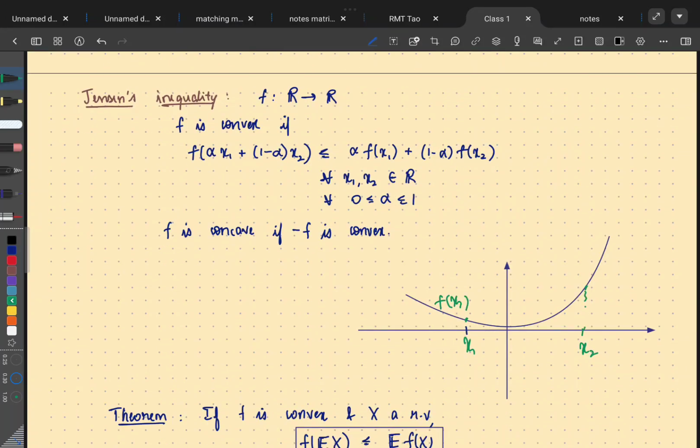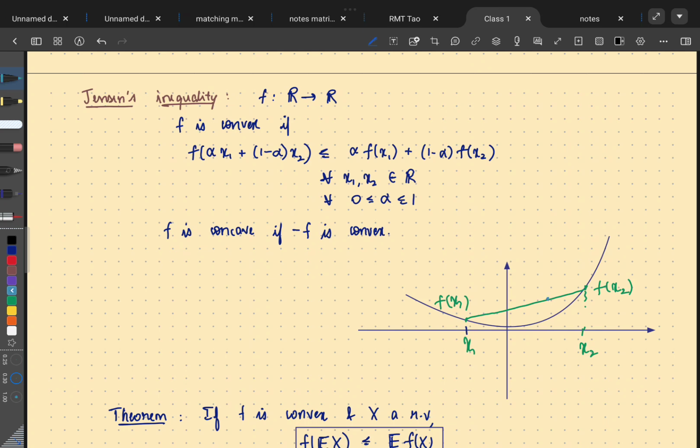And at this other point, I have (x2, f of x2). Now, as I vary alpha between 0 and 1, think of the secant joining these 2 points, or the straight line joining these 2 points, and any point along this line.